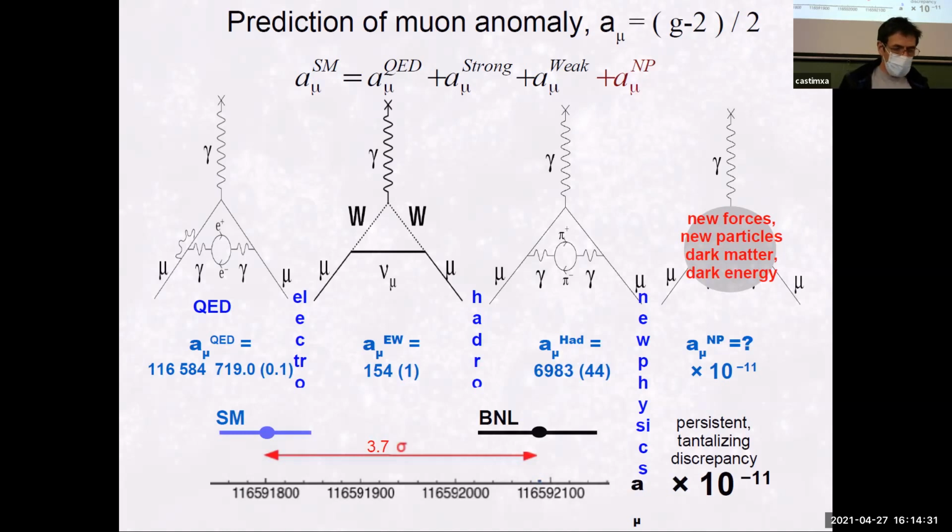The difference firmed up a little bit over the past 20 years because the calculation got a bit more accurate, and that discrepancy was standing at 3.7 standard deviations.